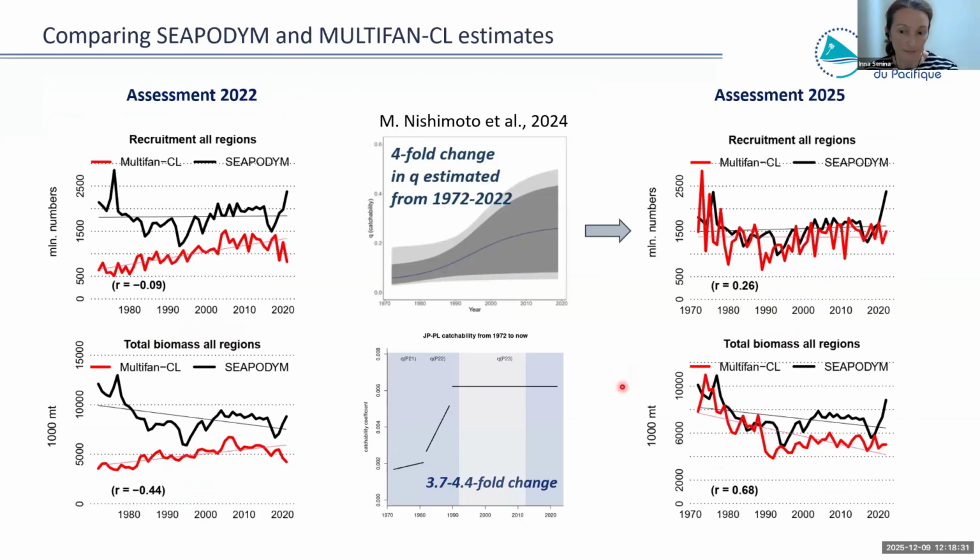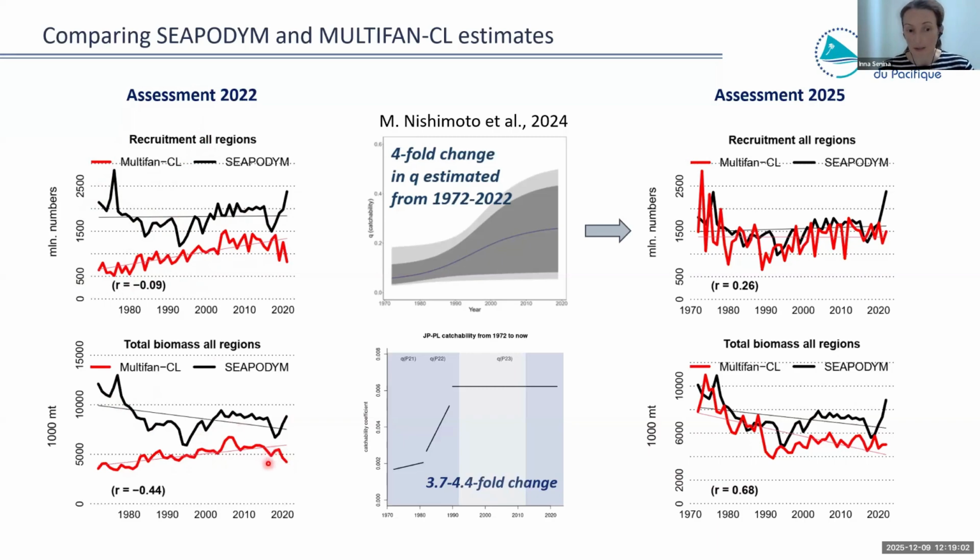And yet, when we compare our estimations to the MULTIFAN-CL estimates, we are systematically above. Our abundance was never observed to be lower than those estimated by MULTIFAN-CL. On the left, there is a comparison between MULTIFAN-CL in red and CPDIM in black, for recruitment, all regions, and total biomass, all regions.